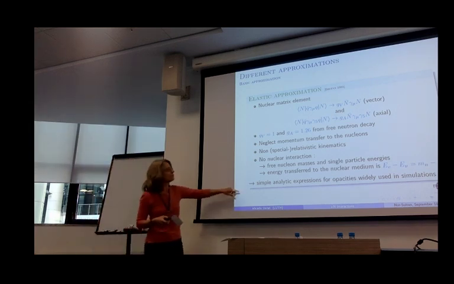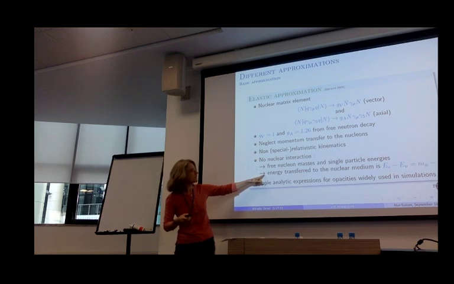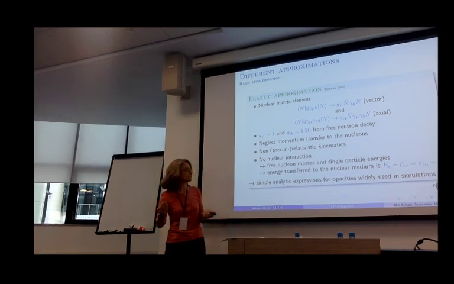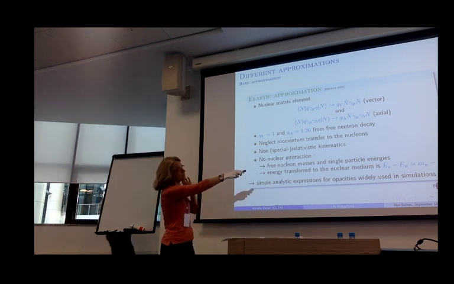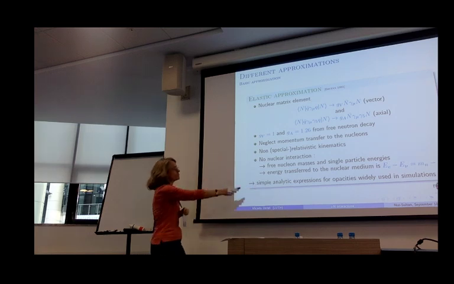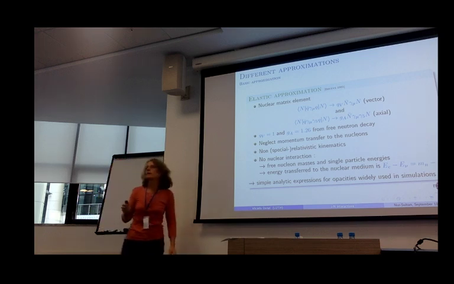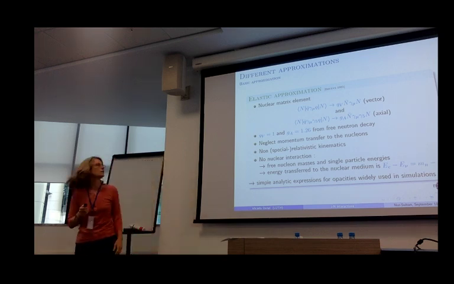So the energy transferred to the nuclear medium in one reaction is just the difference in electron and neutrino energy plus the difference of the free neutron and proton masses. With this approximation you get simple analytic expressions for neutrino-nucleon interactions, which you can easily use in any simulation.